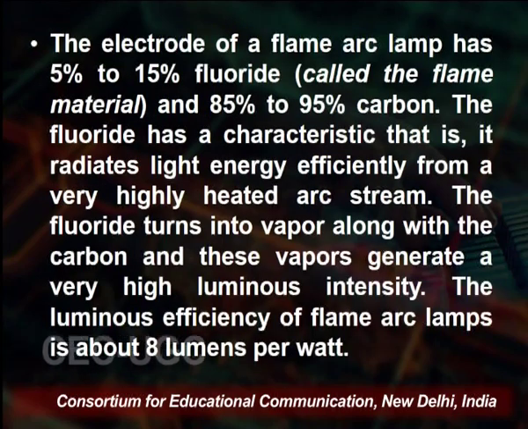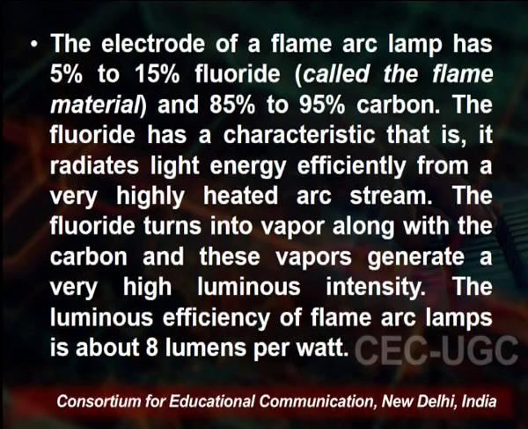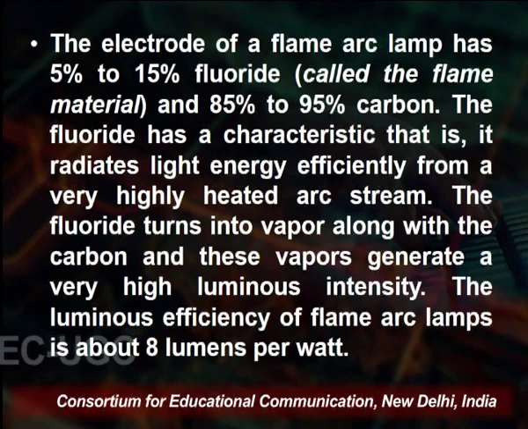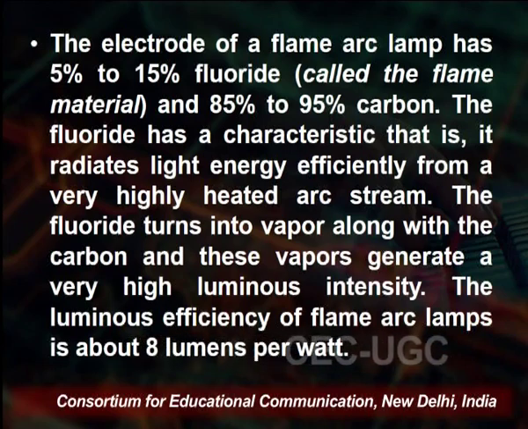The electrodes of the flame arc lamp have 5% to 50% fluoride, which is called the flame material, and 80% to 95% carbon. The fluoride has the characteristic that it radiates light energy efficiently from a very highly heated arc stream.